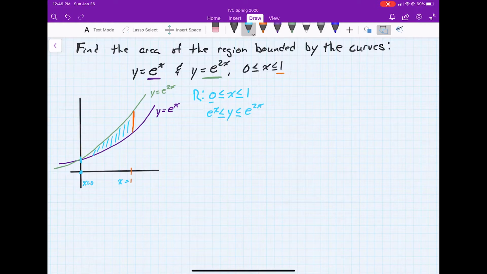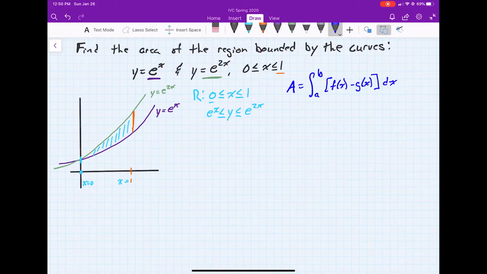We put the bottom first and then the top at the end as they are getting greater as you move to the right. So the formula we use is the area is equal to the integral between a and b of f of x minus g of x, and that is, of course, dx.